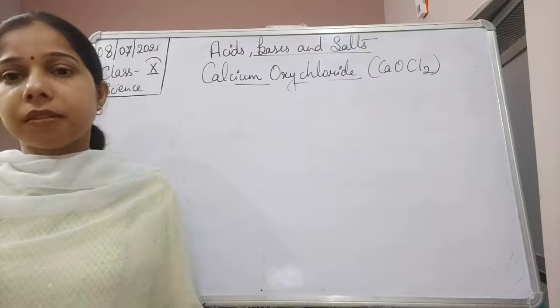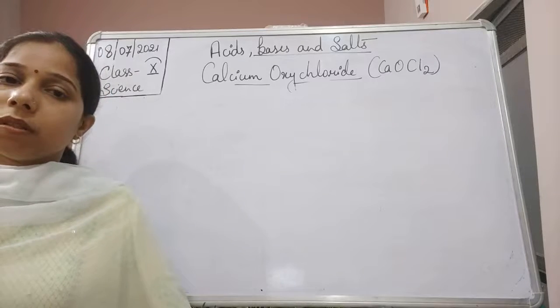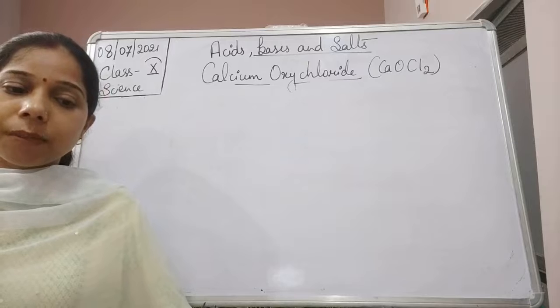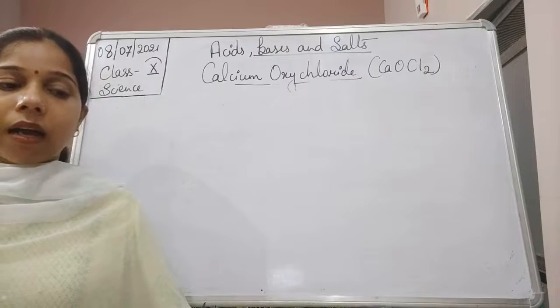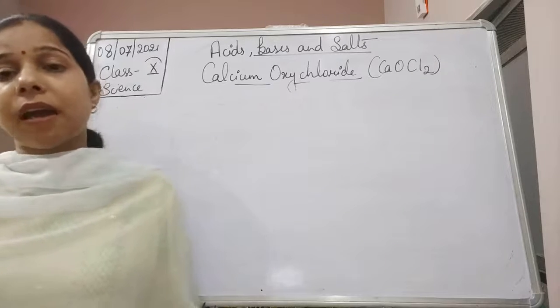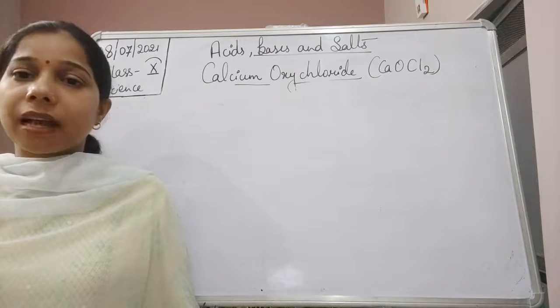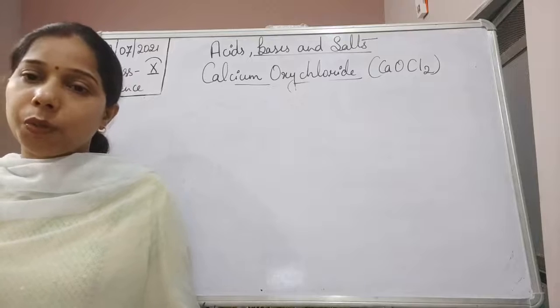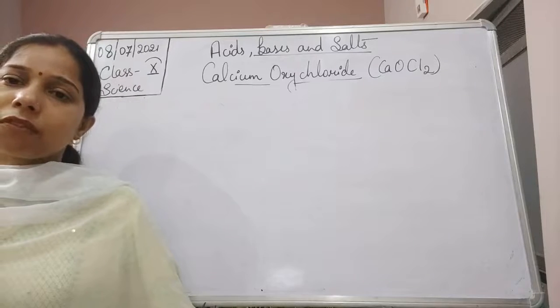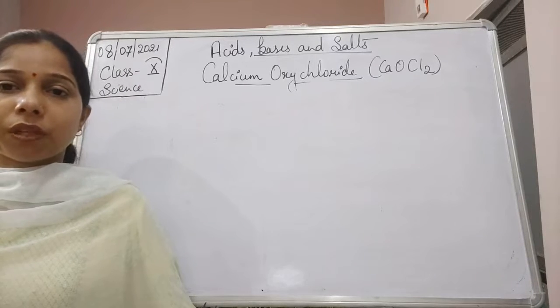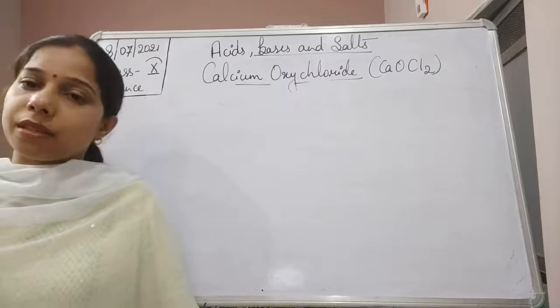Borax is also used. It is used for quantitative and qualitative analysis in the laboratory. It has a cleansing action, and it helps in softening hard water. So these are some of the uses and properties of sodium carbonate.